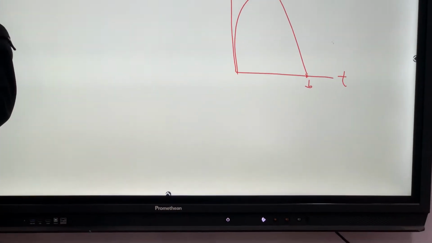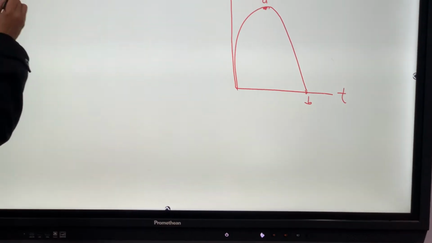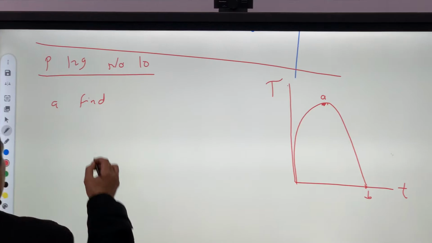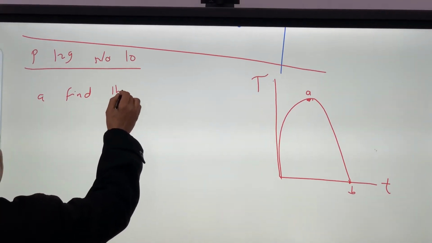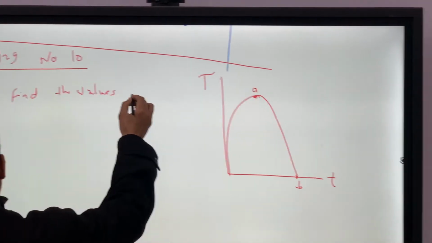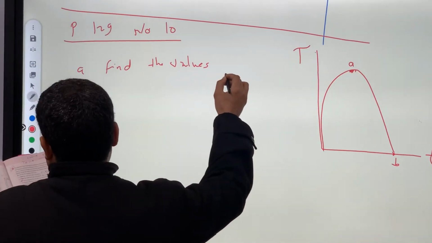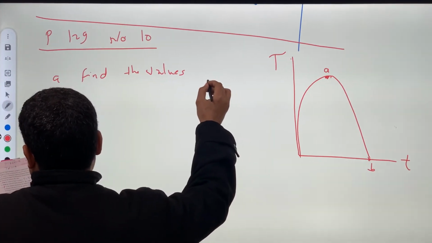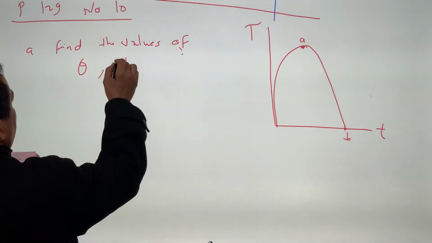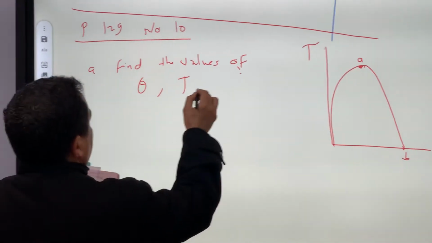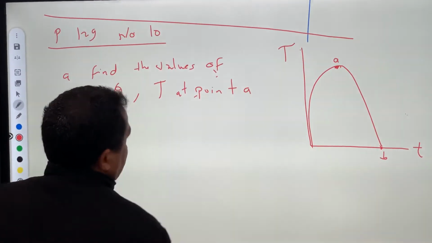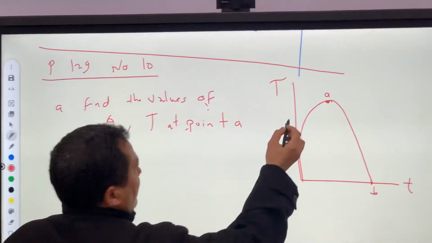Number E, find the torque, the values of theta and tau at point E.